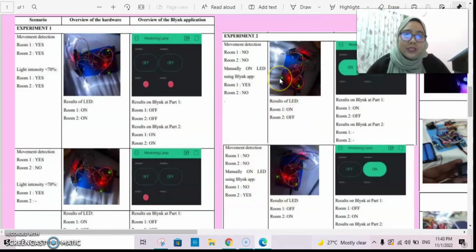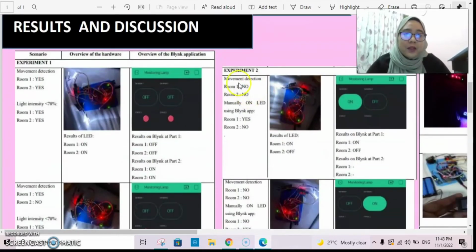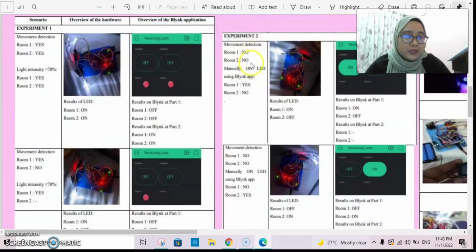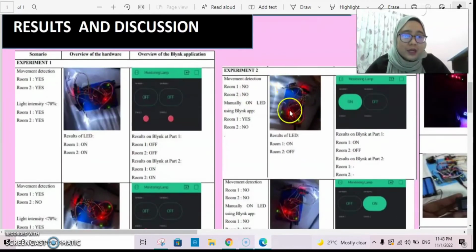And then for experiment 2, no movement detection. We can see no movement detection, but we control manually with the Blink. We turn on the LED and the light is on.